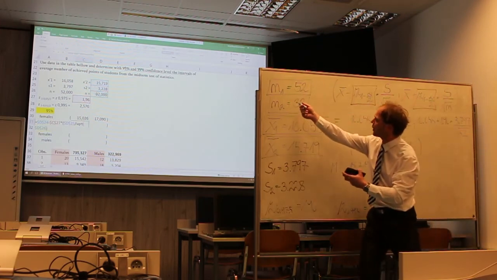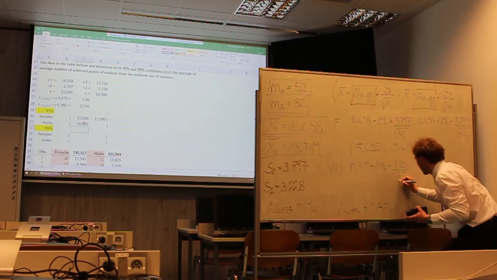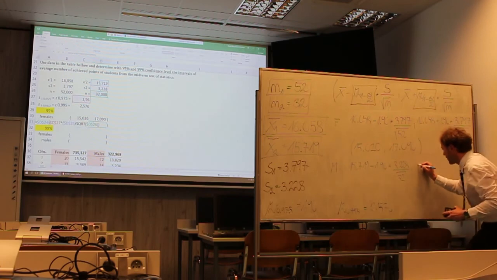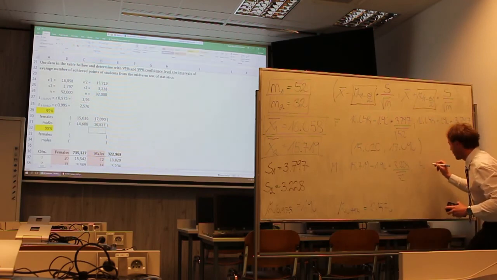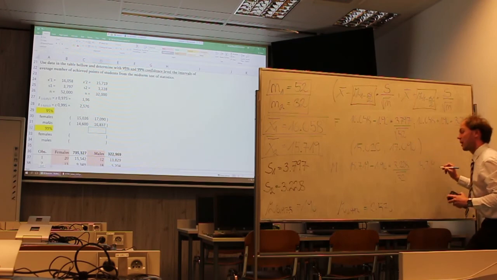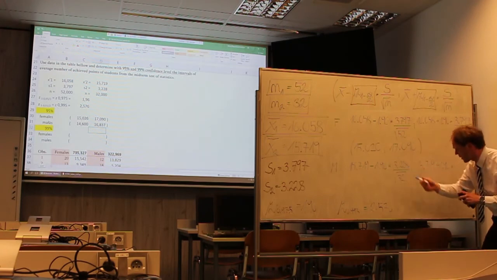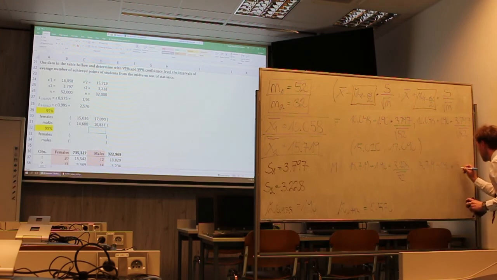We know that we have 32 males. So this is the left side. And the right side, again the mean, 15.719 plus 1.96 times the sample standard deviation for males, 3.228, divided by the square root of 32 males.